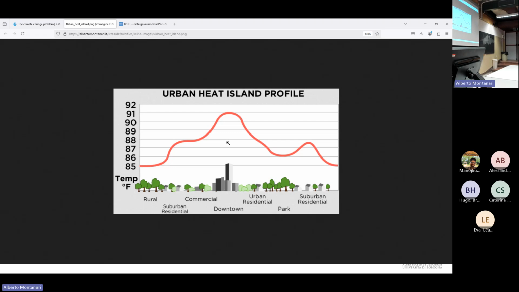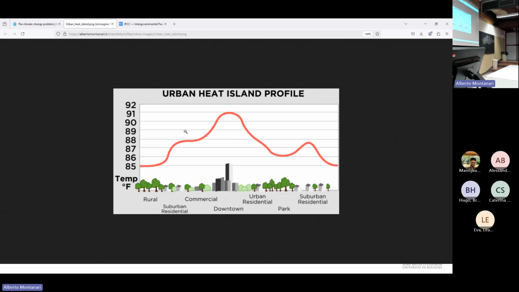And if you consider that in urban areas, the increase of temperature corresponding to a global average of 2 degrees or 1.5 today, it means that in an urban area, maybe twice that.